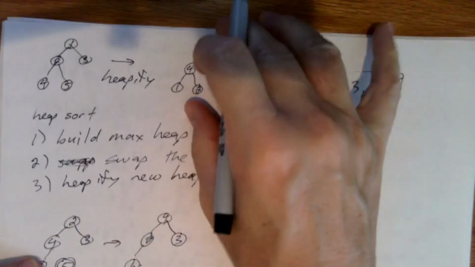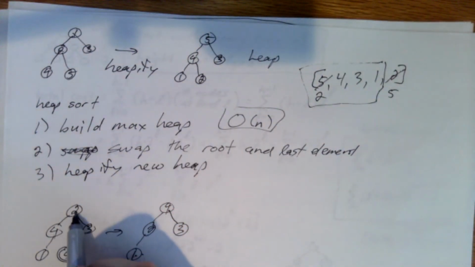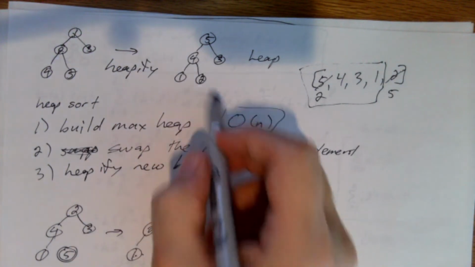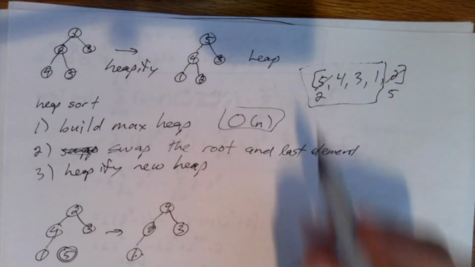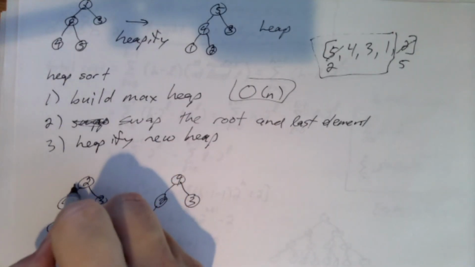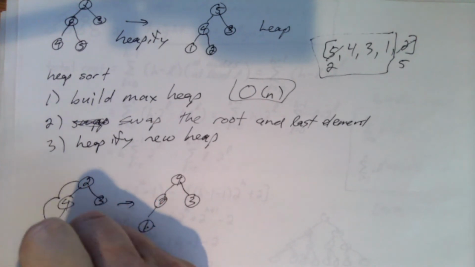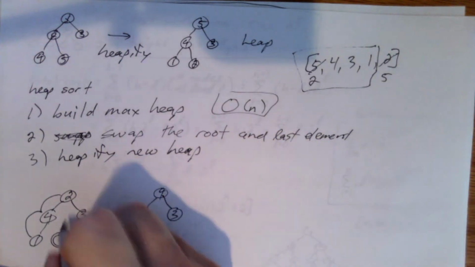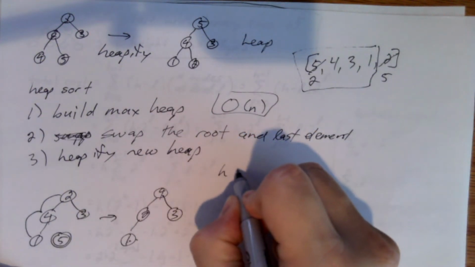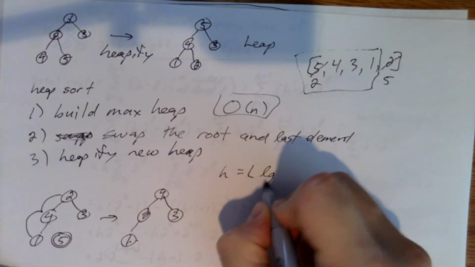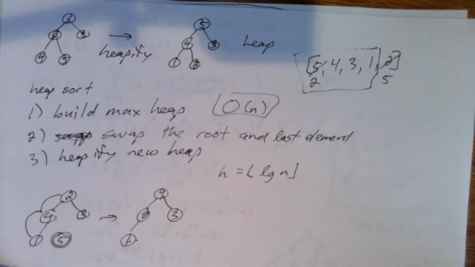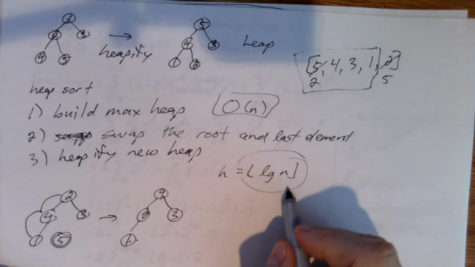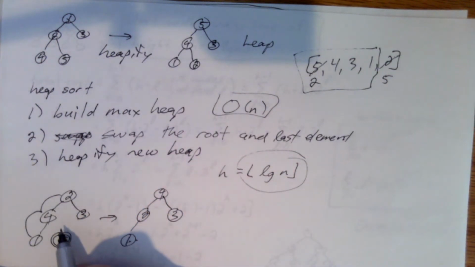But what potentially could have happened here? We removed the 5 by taking the last node and moving it to the top, and potentially we move down to here, and down to here. So an upper bound on the cost is that for a tree of height floor of log n, to heapify we have to move this many levels down, 1, 2, because this would be 2 in this case.